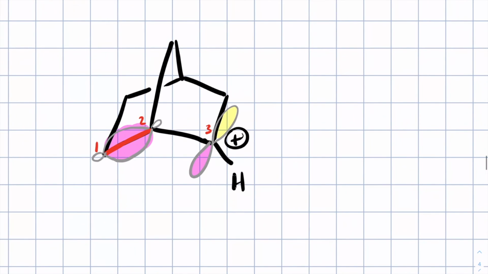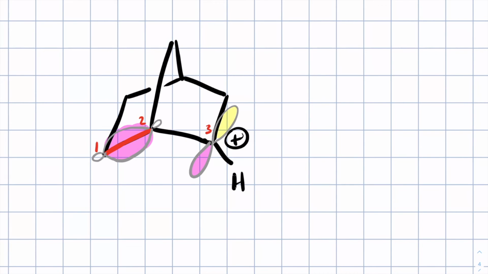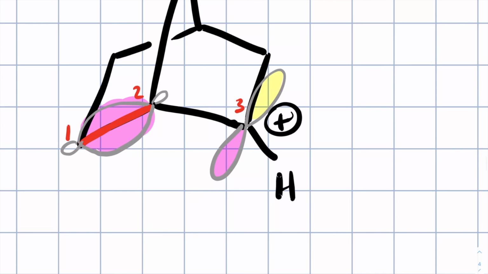And when you have a filled orbital overlapping with an empty orbital, we would normally say that that's just hyperconjugation. But in fact, there's evidence that the electrons in this bond between 1 and 2 are actually delocalized, almost as though you've got a pi bond between 2 and 3 and a sigma bond between 1 and 3.